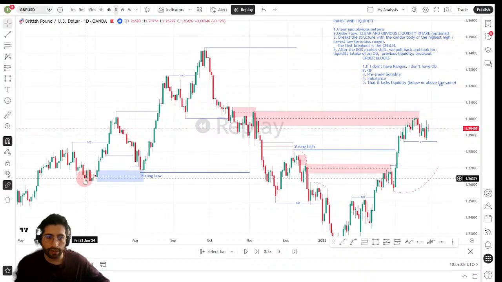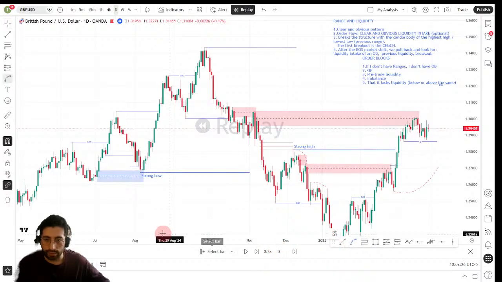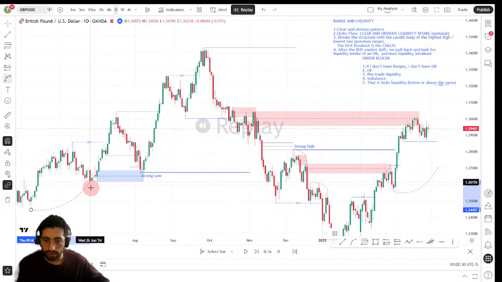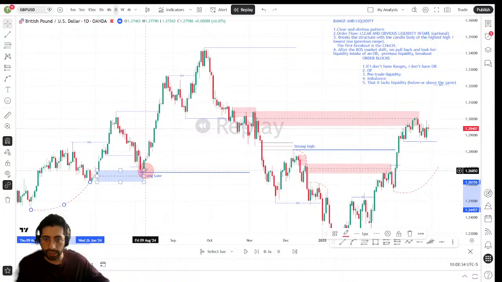So we have it. Then we have order flow, yes, pre-liquidity right here, and you see that it even has some lows here and here. It can be considered liquidity, and it actually was liquidity. See, so it created all this liquidity, but since the price reacted here, it continues.